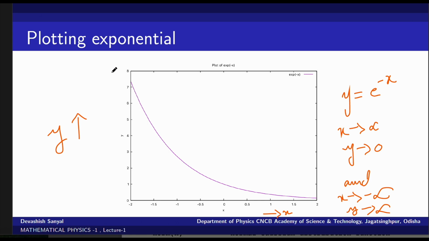As you go towards x equal to minus infinity, the function will approach infinity. So this is the plot of y is equal to e to the power minus x.